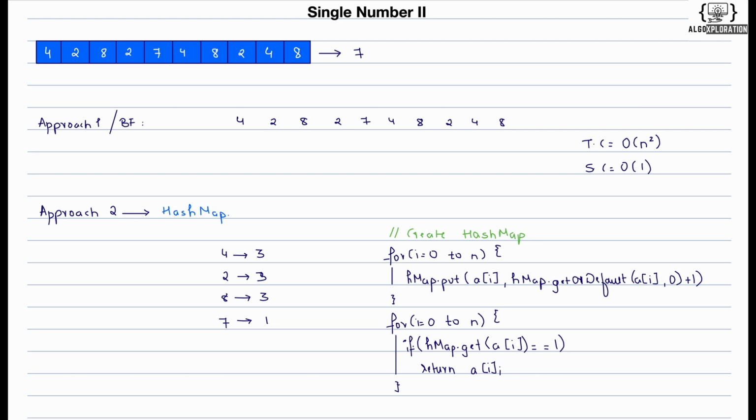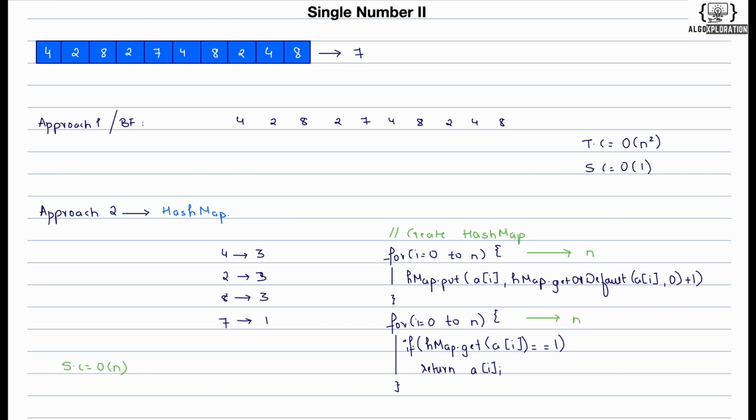Now if we talk about the space complexity first, here we have taken the help of the hash map, so the space complexity will be order of n. And if we talk about the time complexity, this for loop is running for n time, and also this for loop is running for n time.